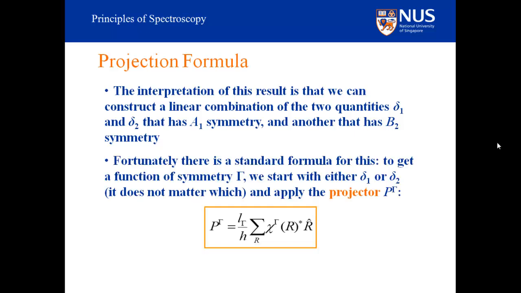Fortunately, there is a standard formula for this. To get a function of symmetry gamma, we start with either delta 1 or delta 2, it does not matter which, and apply the projector P gamma.